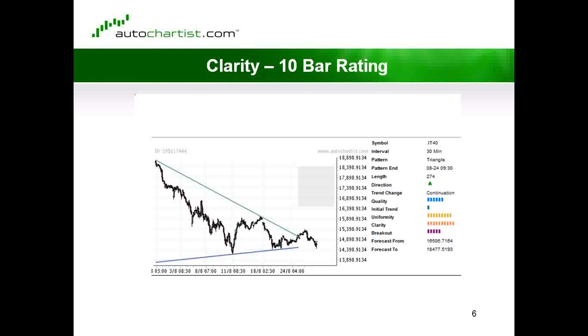All right. Also, you can see once again that the uniformity is high. So these two tend to move together. Now here, the initial trend was low, and the breakout here was about average. But again, those were kind of out of sync, and the market didn't go up quite as much as it was expected to.